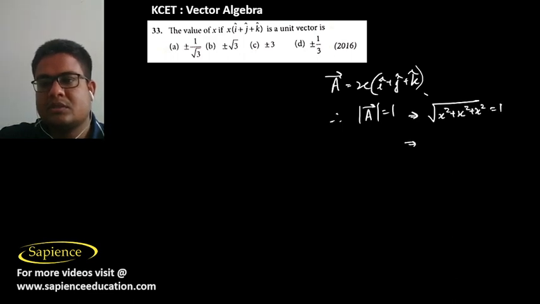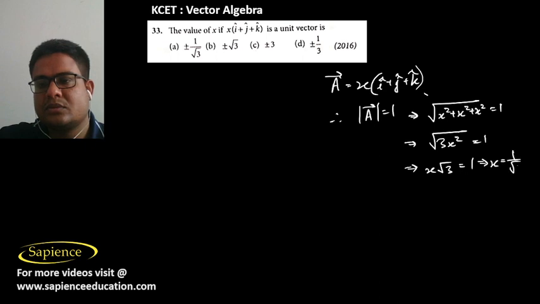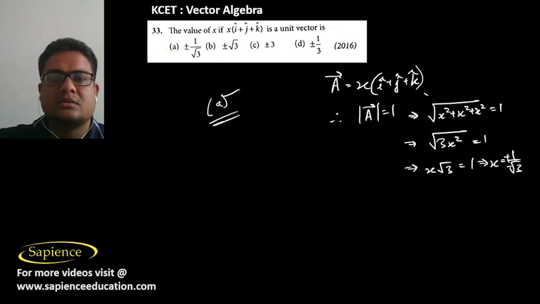So root over 3x square is equal to 1, so x root 3 is equal to 1. So x is equal to 1 by root 3, that is plus or minus 1 by root 3. A is the correct answer.